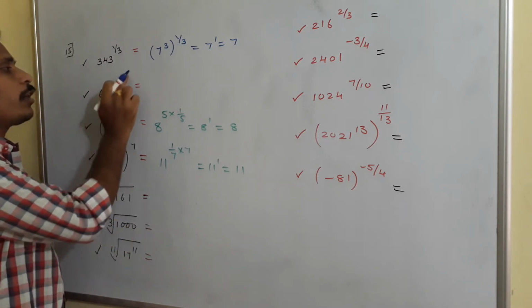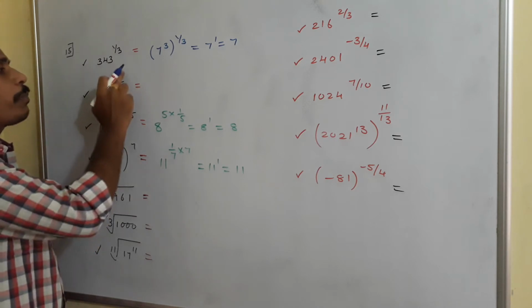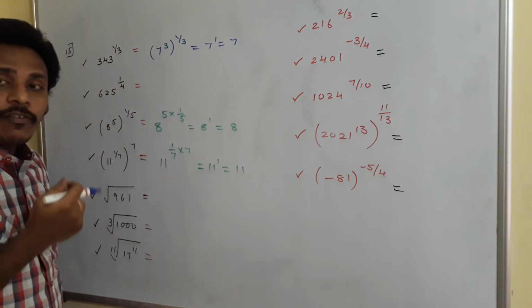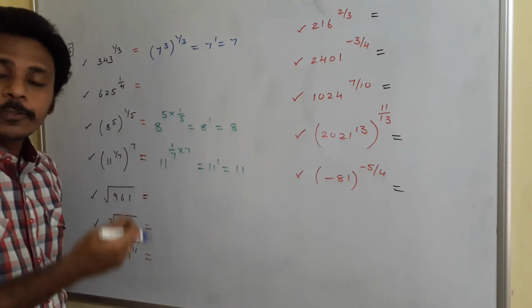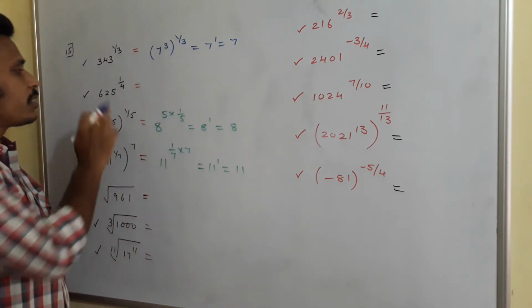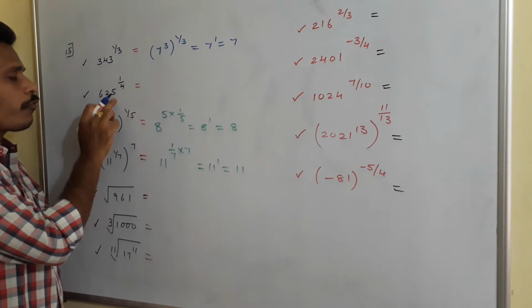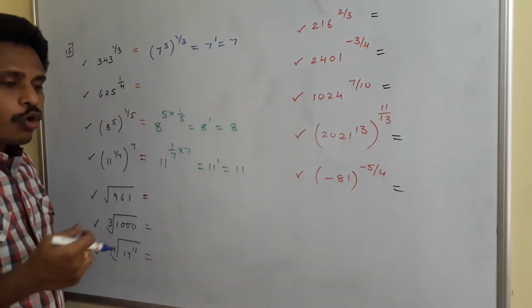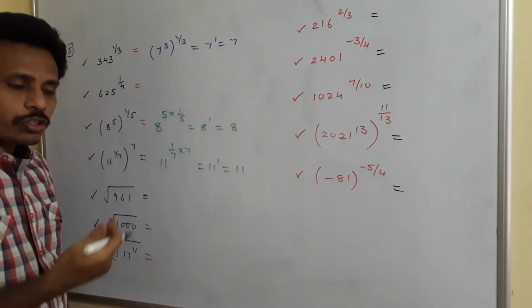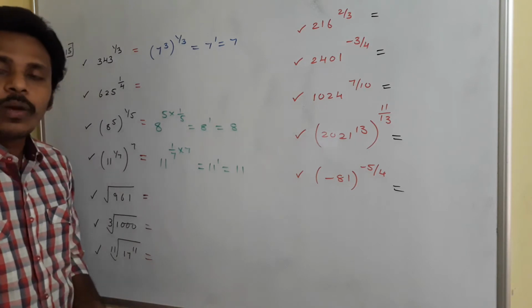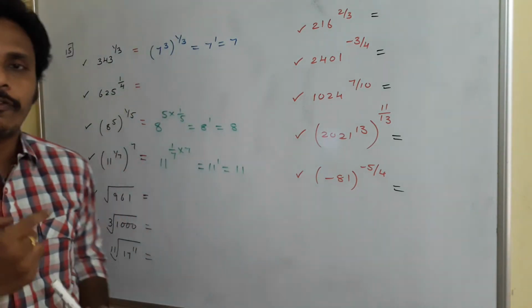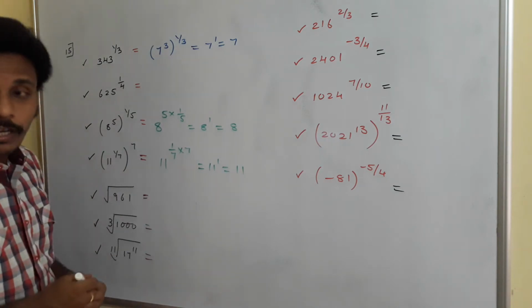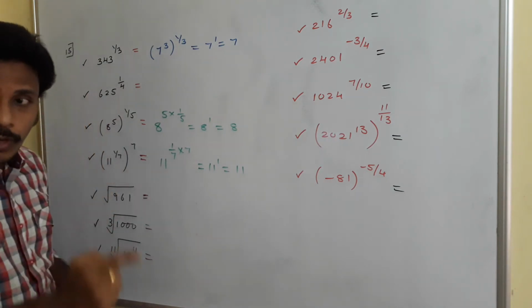And 625 to the power 1 by 4. Since the power is 1 by 4, I will try to rewrite this 625 as an exponent with power 4. Okay? Since 625 ends with 25, my idea is about 5. So just observe 5. 5 power 1 is 5, 5 square is 25, 5 cube is 125, 5 power 4 is 625, so 625 is 5 power 4.